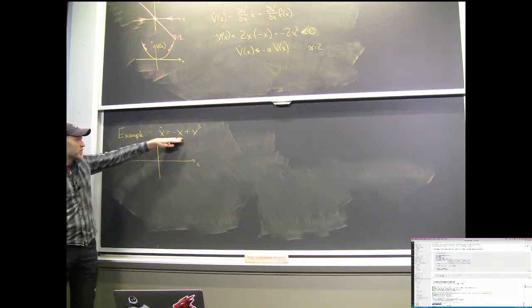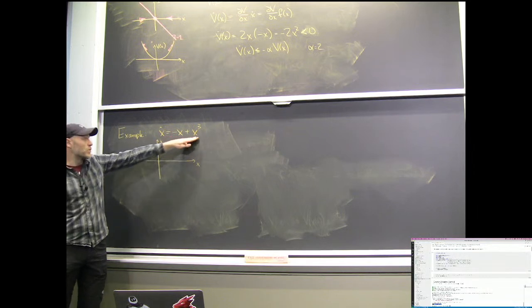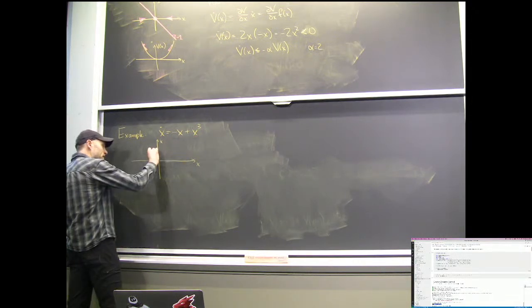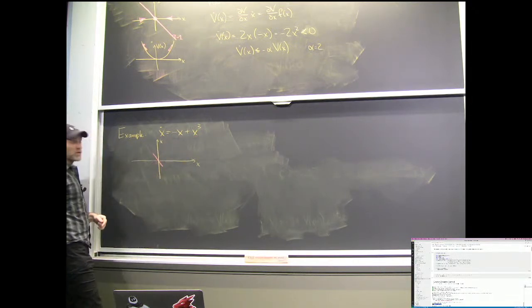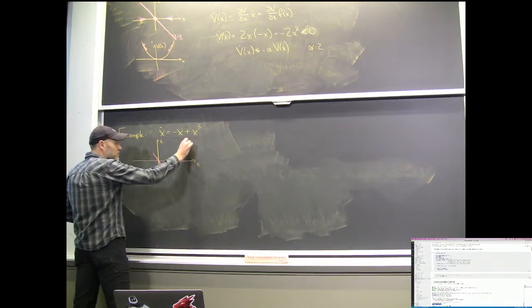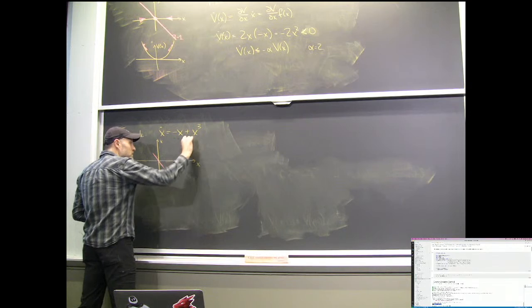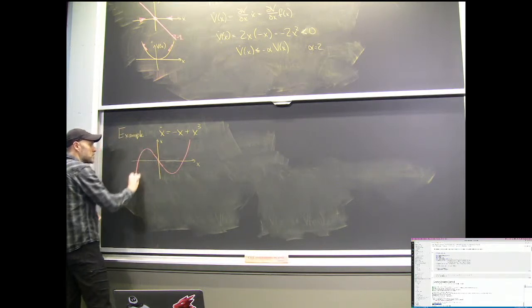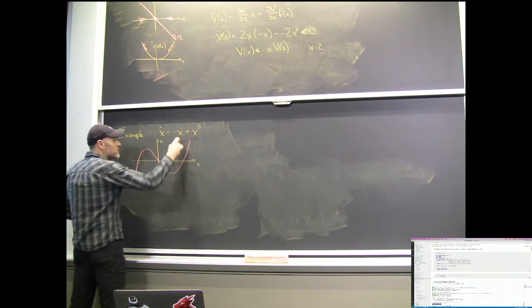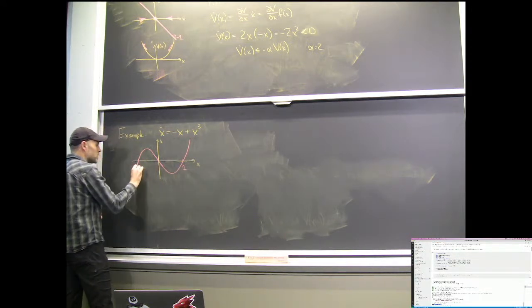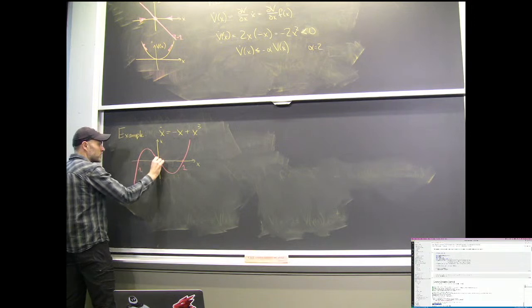When you're near the origin, the linear term dominates. And when you're away from the origin, the cubic term dominates. So it looks like a negative x near the origin, and it looks like x cubed away from the origin, and it goes like this. Okay, and these cross. It's 0 at 1 and negative 1, and at 0.